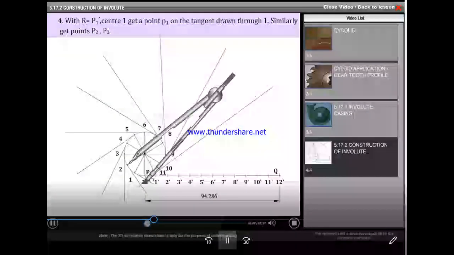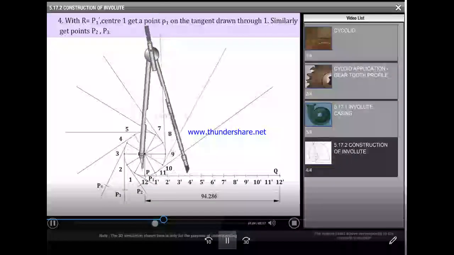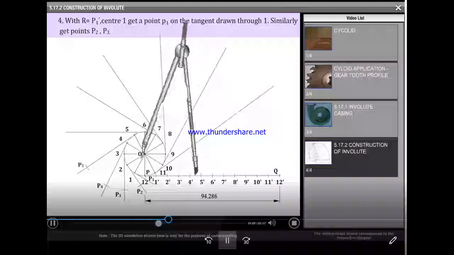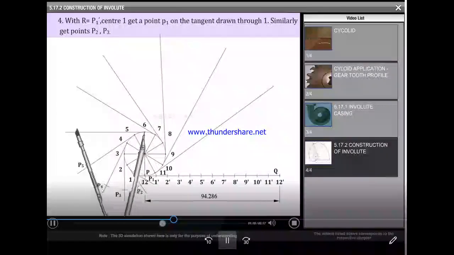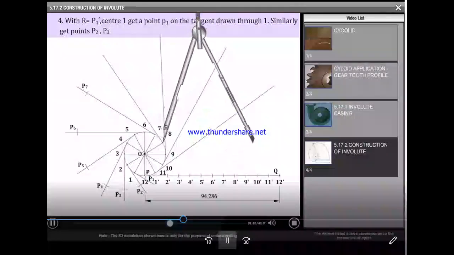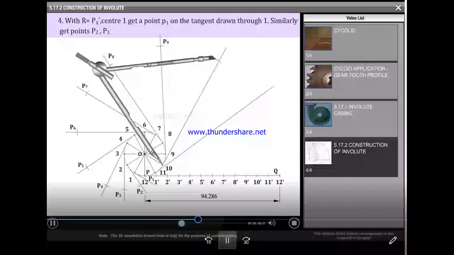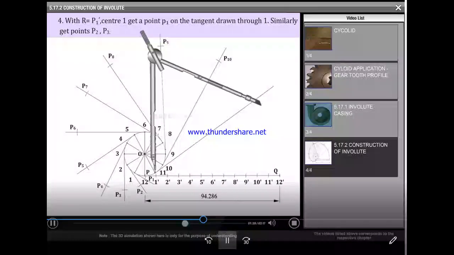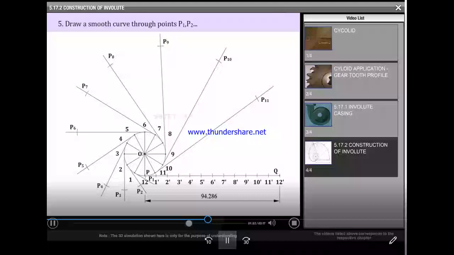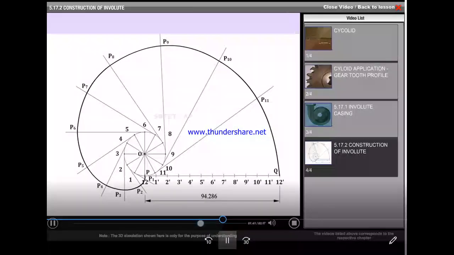Similarly, get points P2, P3, etc. Draw a smooth curve through the points P1, P2, P3 to complete the curve. This is the construction of the involute.